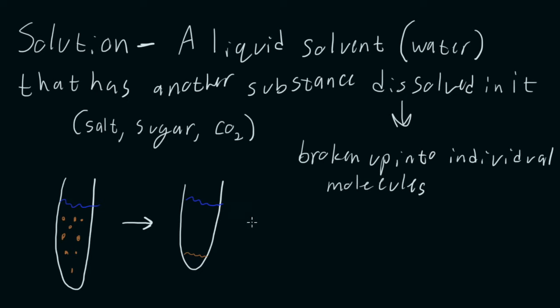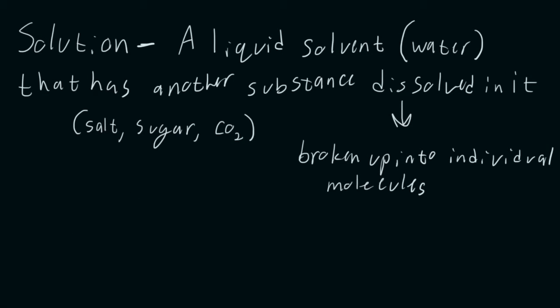If I had salt instead, so let's erase this and let's make a salt solution. If I have a test tube, put some water in it, and I put salt in there instead, and salt is usually going to be white, so let's put it in white. I put a bunch of salt crystals and I shake it up until they're all dissolved. What's going to happen? Well, that solution is going to clear up.